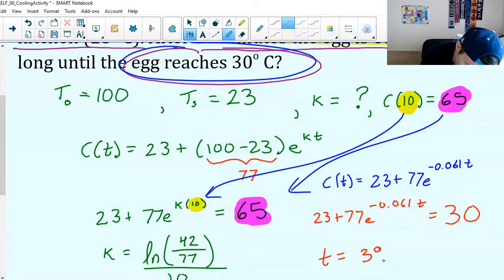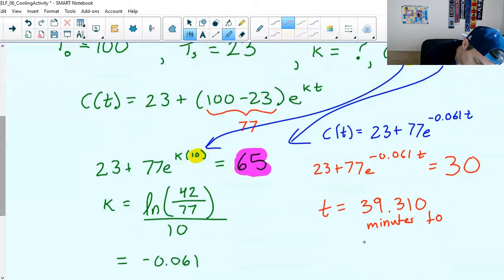And we should get 39.3097, so 0.310. And that is minutes. Minutes for what? Minutes to reach 30 degrees Celsius.